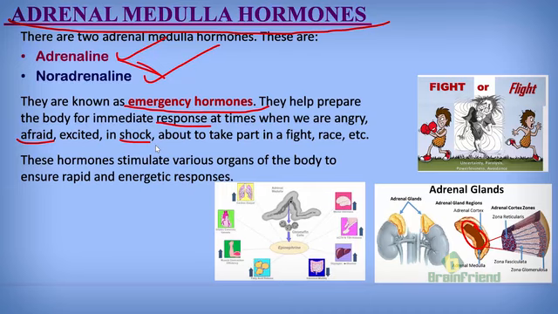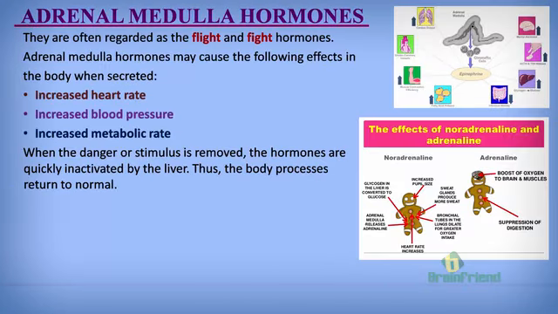What do they do in the body? They stimulate various organs and tissues of the body into rapid response. And by rapid response, the body receives adequate energy to withstand all of these processes. So they help the body to respond to these situations with a sufficient amount of strength.